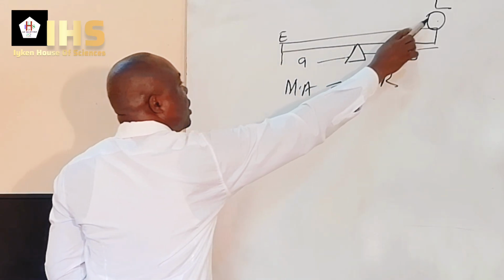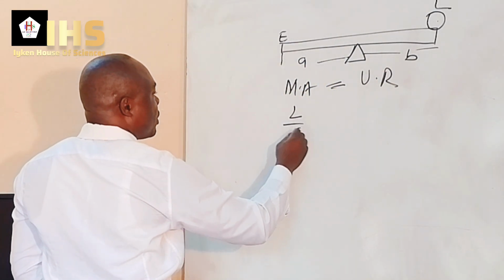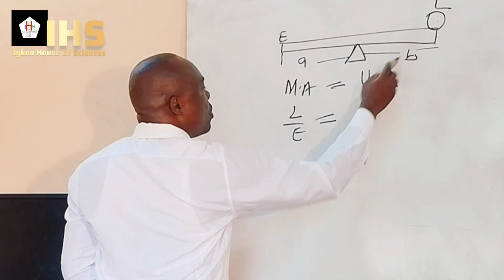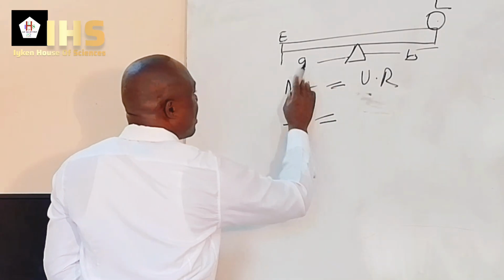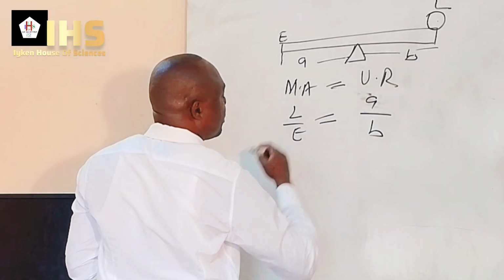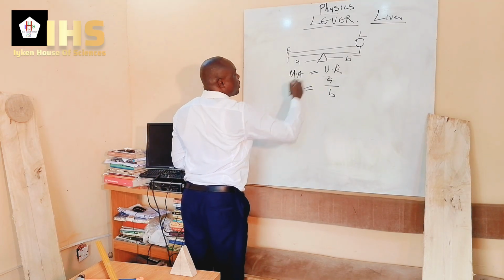If I say the load over effort, it is equal to the distance moved by the effort over the distance moved by the load. That is to say that mechanical advantage is equal to velocity ratio.